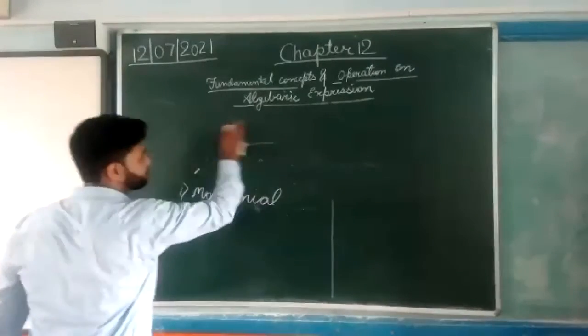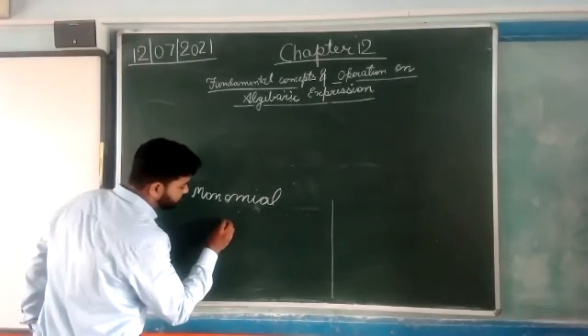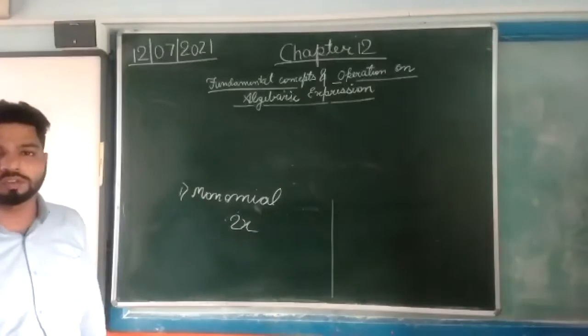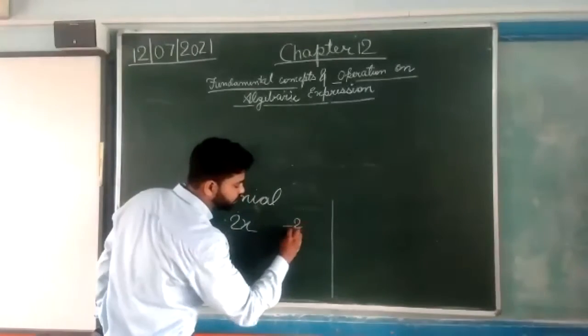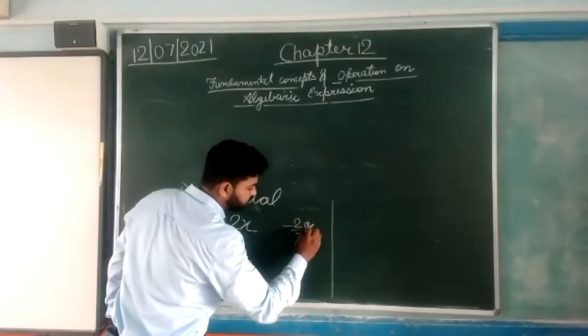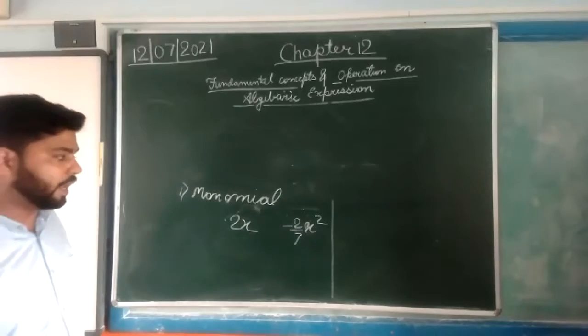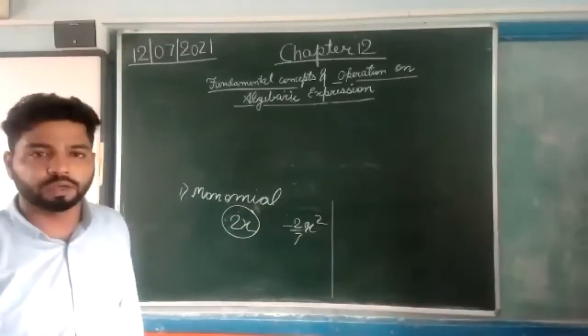An expression which has a single term, let's suppose 2x, is called a monomial, or 2 upon 7 x square is also called a monomial. Any expression consisting of this thing only is called the monomial.